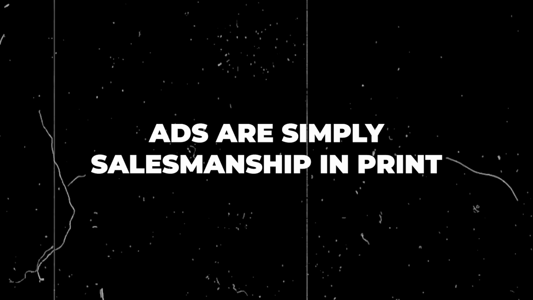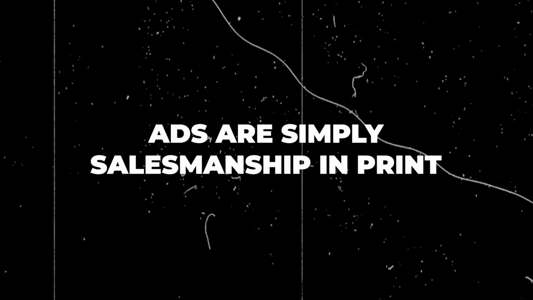Number one, just reinforcing the fact that ads are simply salesmanship in print. Every time you create a Facebook ad, the ad copy, the headline, the whole ad itself, and more importantly the creative side specifically, is selling this product like a salesperson would. An ad is simply duplicating a salesperson. Instead of that salesperson talking to one person at a time, the ad is talking to thousands of people at a time.